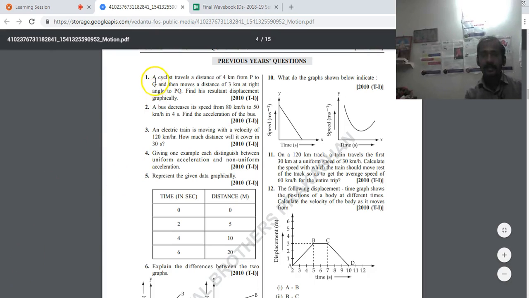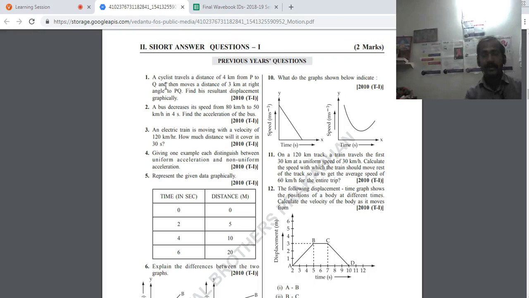A cyclist travels a distance of 4 kilometers from P to Q and then moves a distance of 3 kilometers at right angle to PQ. Find the resultant displacement graphically. You need to imagine the graph and try to calculate the answer.